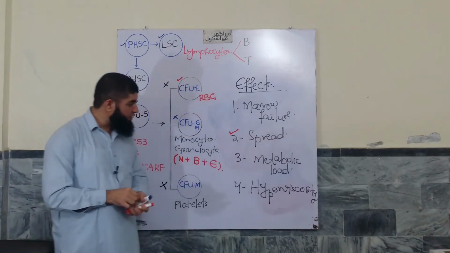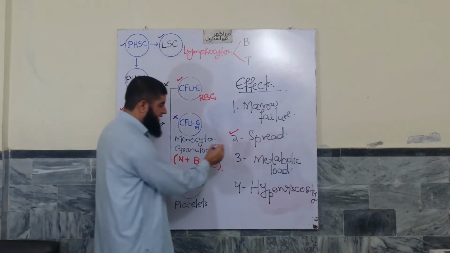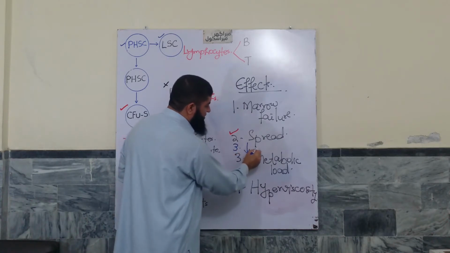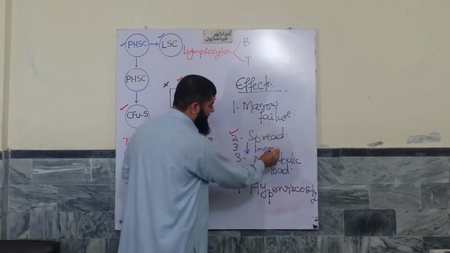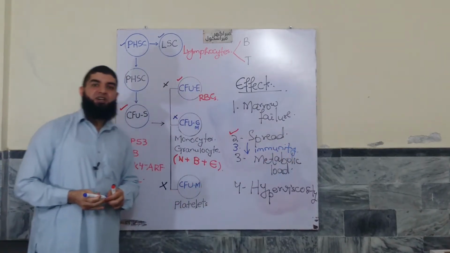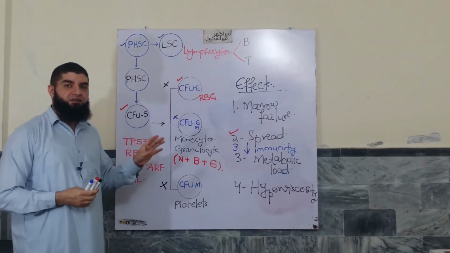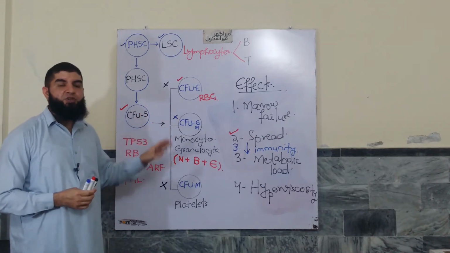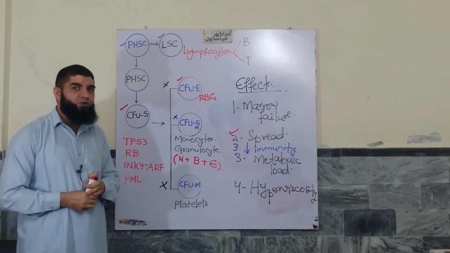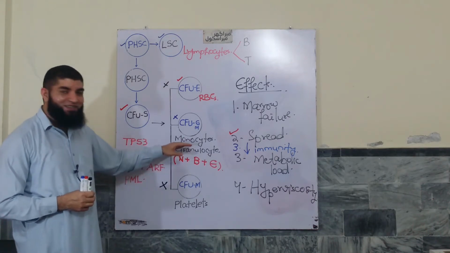The third one I would like to add here is the possibility of decreased immunity. And how would that occur? We mentioned earlier that leukemias, particularly the acute variants, tend to produce poorly differentiated cell types.